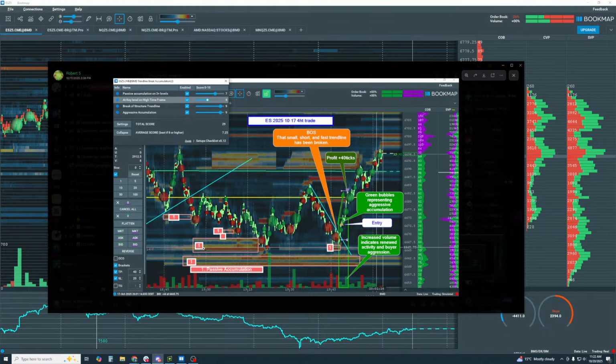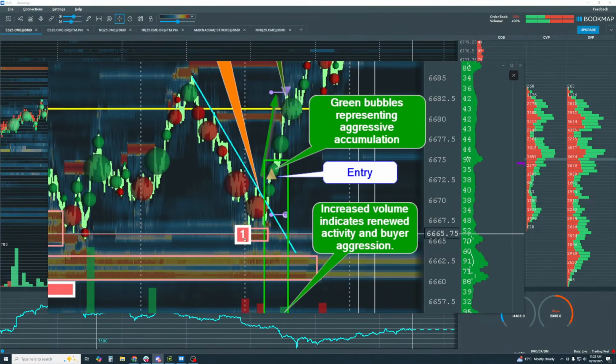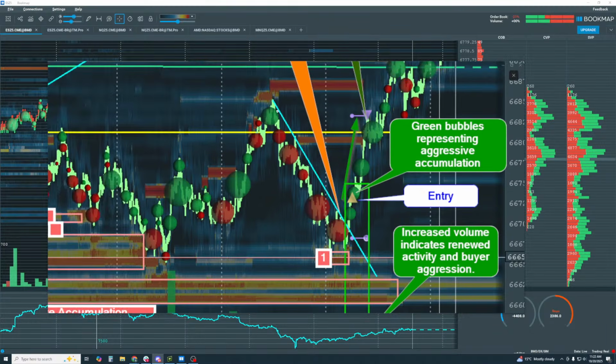You've got limit buy orders 1, 2, 3, okay, and here again 3, okay, or this one down here doesn't look like it traded, right? But if you go over here, it actually doesn't look like it traded either. But this is where he's looking for his structure break and his entry.